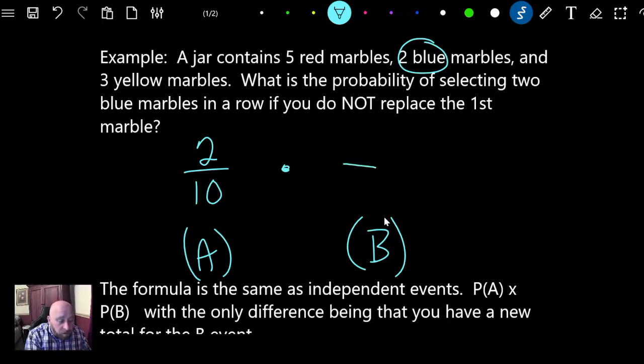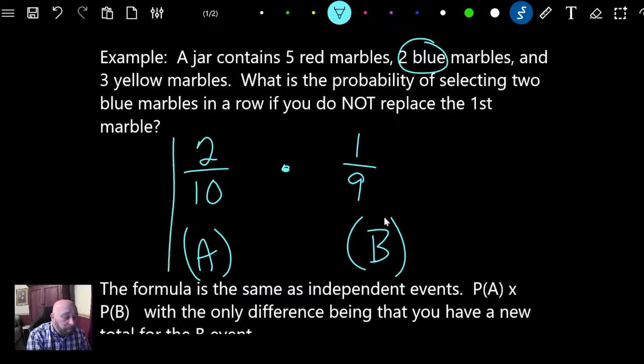Our new total is 9 because we put one on the desk. How many blue marbles are in there? That's right, there's only 1 this time, because we took one of the blue marbles out. It's on the desk. It's not in the jar anymore.